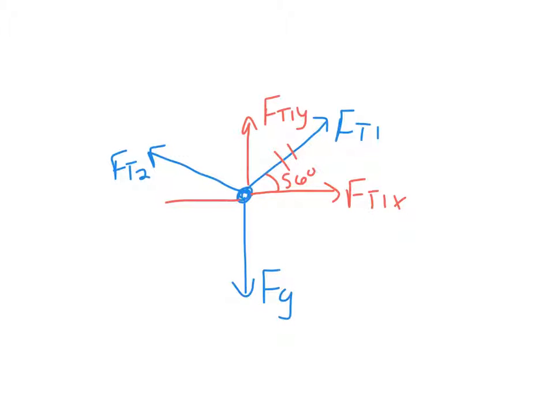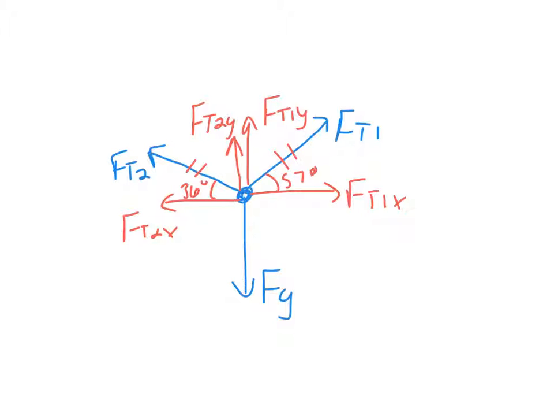And then to the left we have Ft2x, and up is Ft2y. And this is the one at 36. Oops, I wrote that wrong. This was 57. And this was 36 degrees.